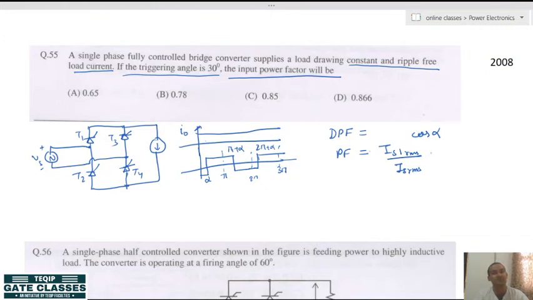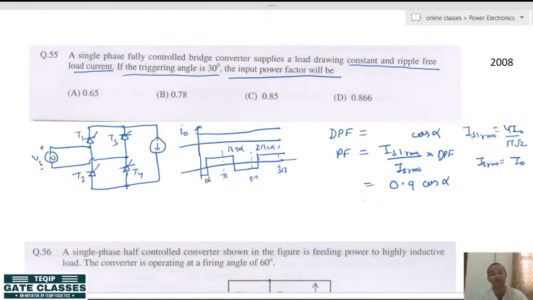And the power factor was IS1 RMS upon IS RMS into the displacement factor. If you remember, IS1 RMS was 4 I naught upon pi root 2, and IS RMS was I naught. When we calculated it, it was 0.9 cos alpha.